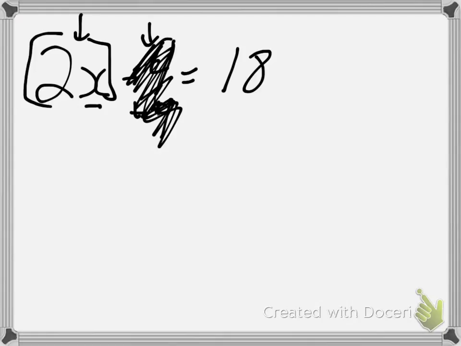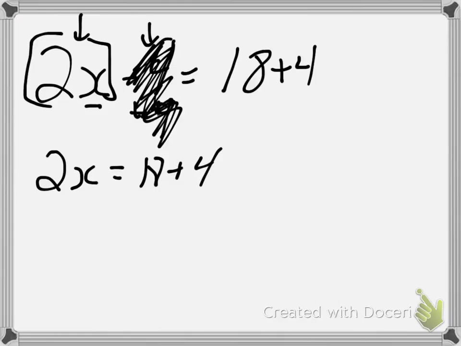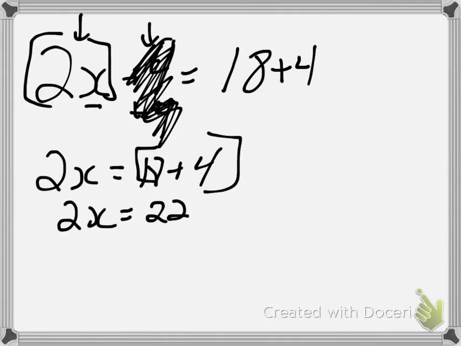They're totally different equations. So if we added 4 to the one side, we have to add 4 to the next. And then we end up with a whole new equation. We end up with 2x is equal to 18 plus 4. Well, I'll rewrite that again. 2x is equal to 22 because 18 plus 4 is 22.